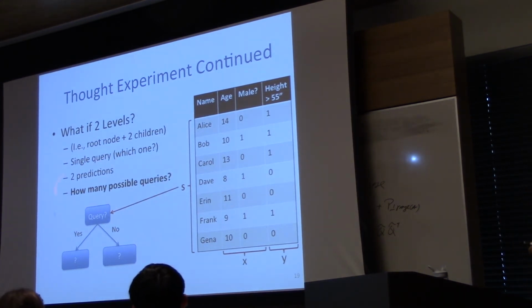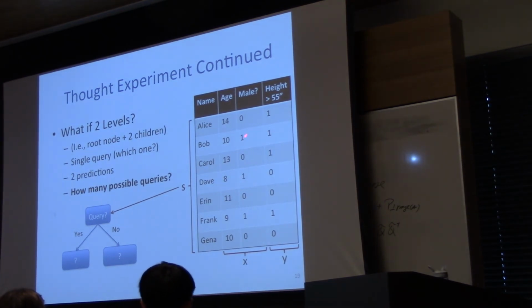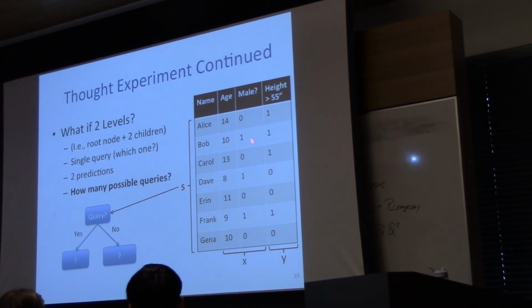So the number of possible queries, in the worst case, is the number of possible data points times the number of possible features. If these are all real valued features, then the number of unique splits for each feature is equal to the number of data points, right? Since we have 2 features, then it's 2 times the number of data points. And that will become clear in this example.